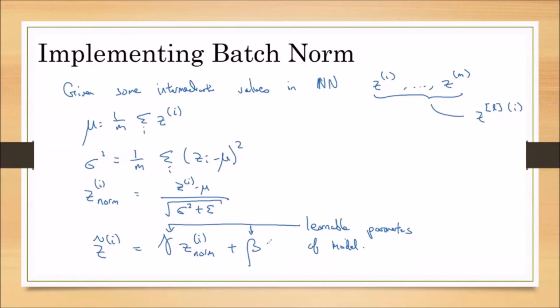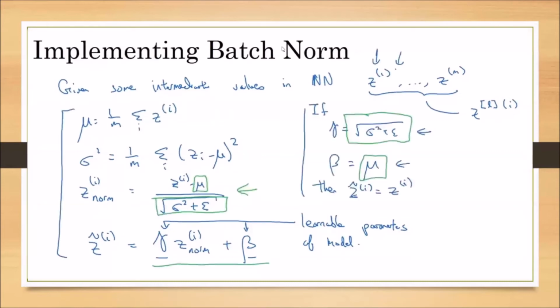If beta is equal to the mean and gamma is equal to the root of sigma square plus epsilon, then both the original value and our new value will be equal.